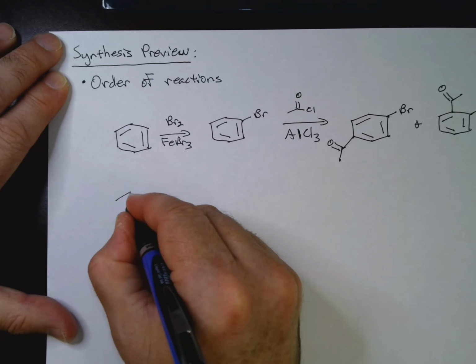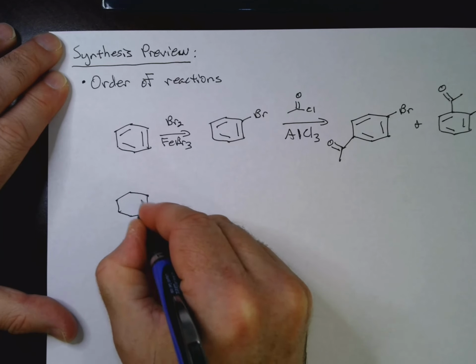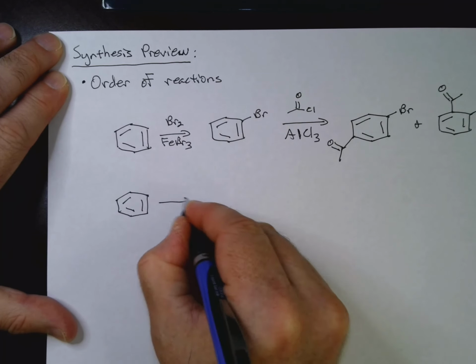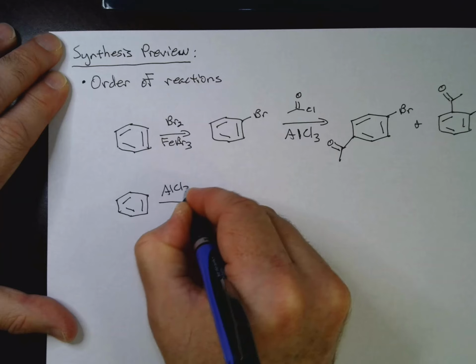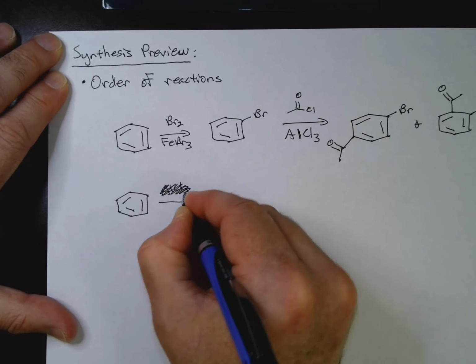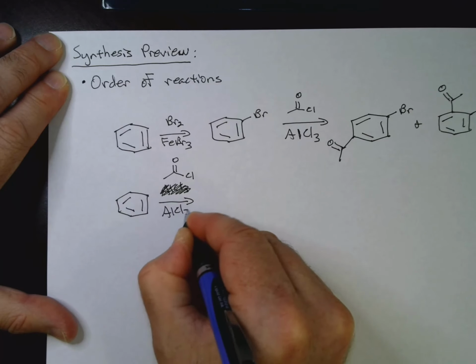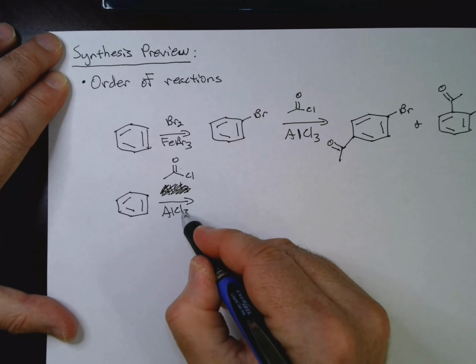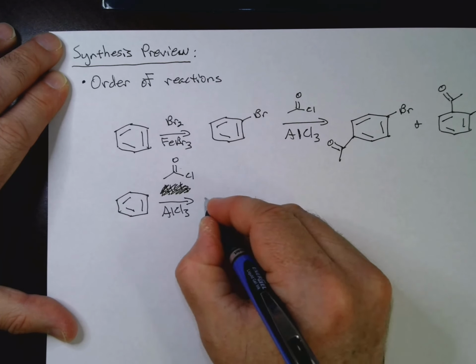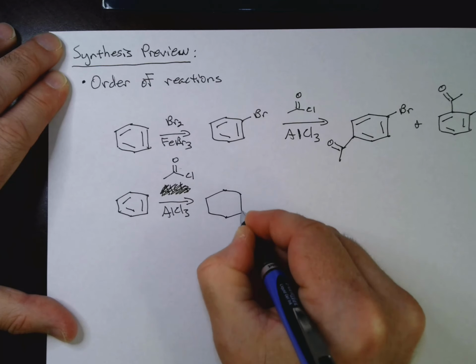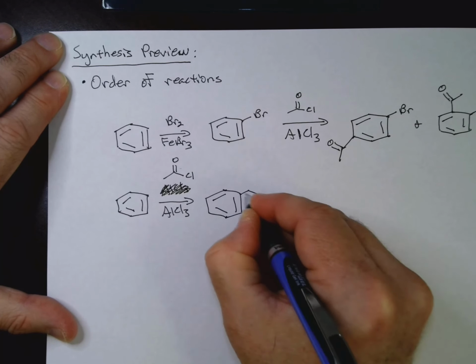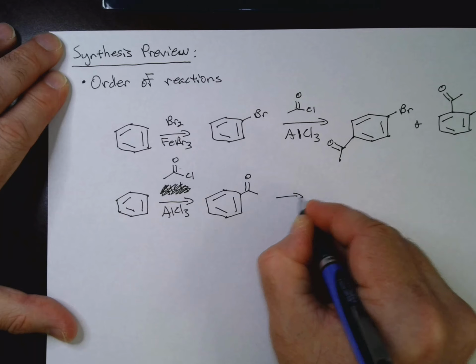But if instead I did the following, AlCl3, oops, sorry. So there's my electrophile, and there's my Lewis acid catalyst. I'll get that guy.